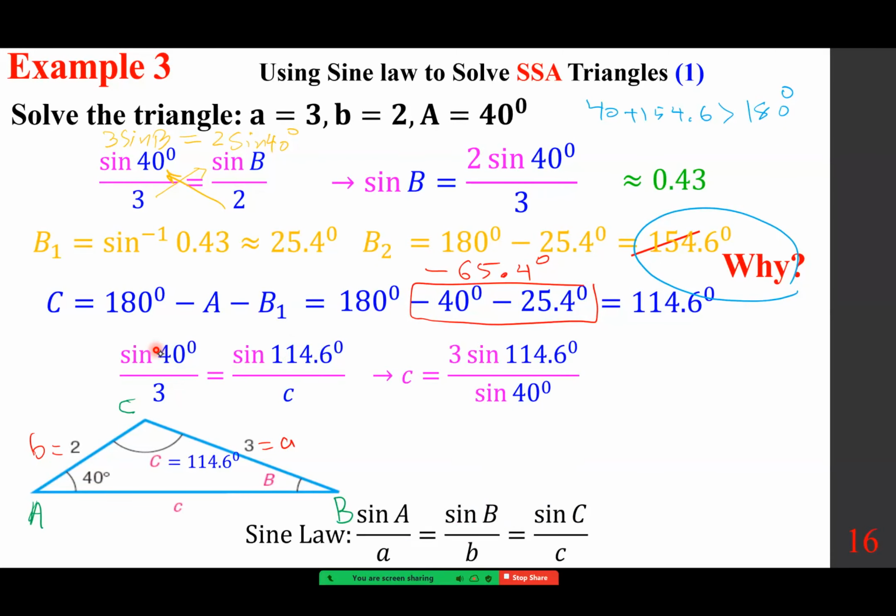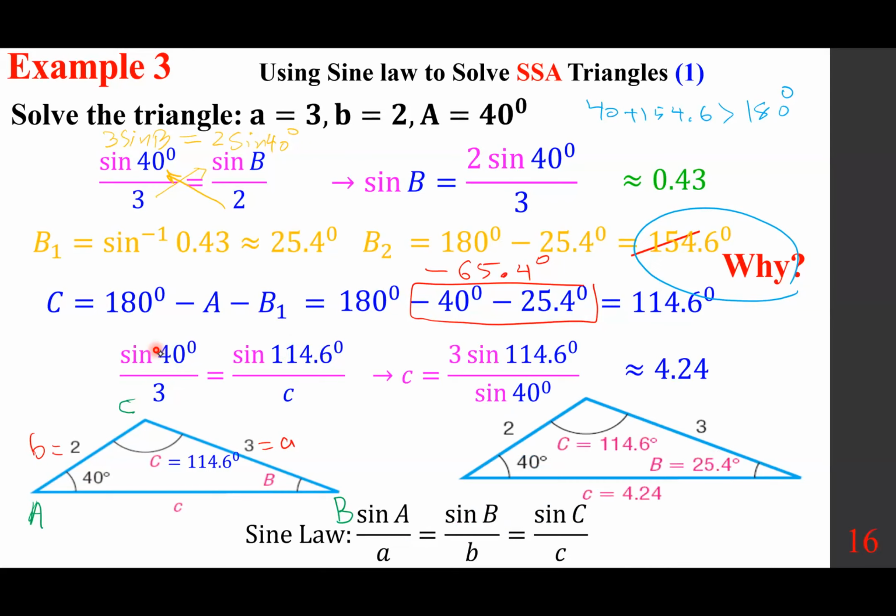So you use a calculator, and with a bunch of decimals, you end up with 4.24. And now you can write all of them. So we have all the sides, all the angles, and we're done. So this ended up with one unique answer, side angle.